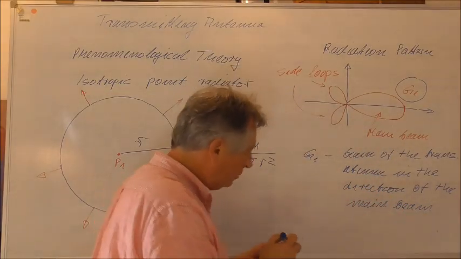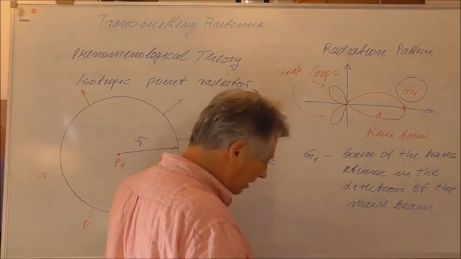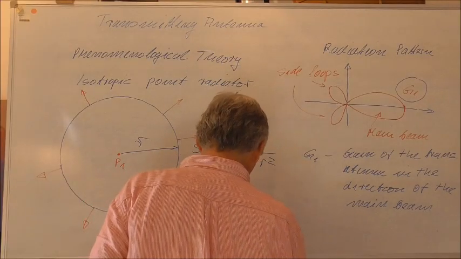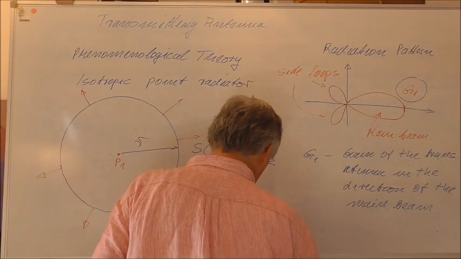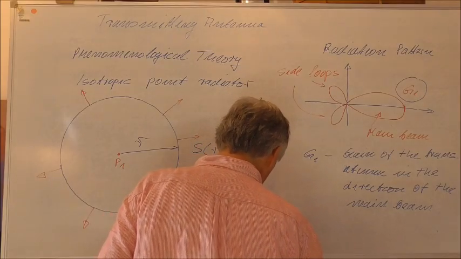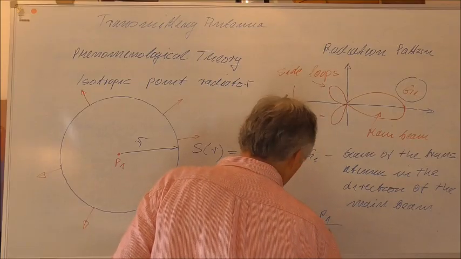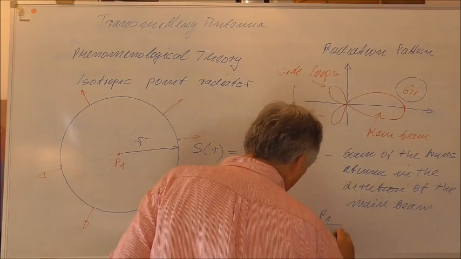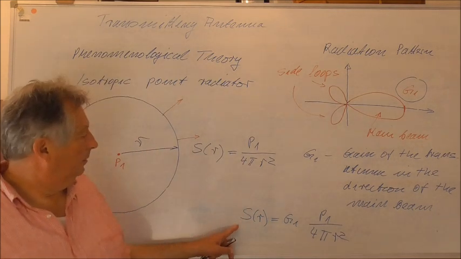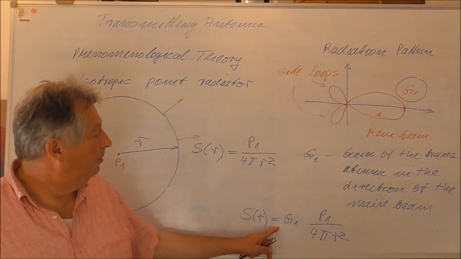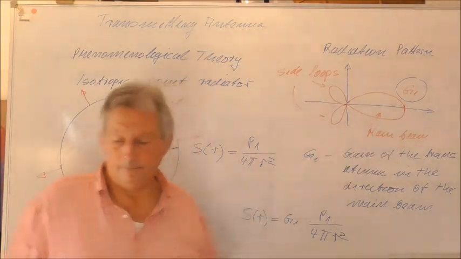So in the direction of the main beam, we will have an enhanced radiation, and S of R will then be described by G1 times P1 over 4 pi R squared. But this power density only resides in the direction of the main beam.